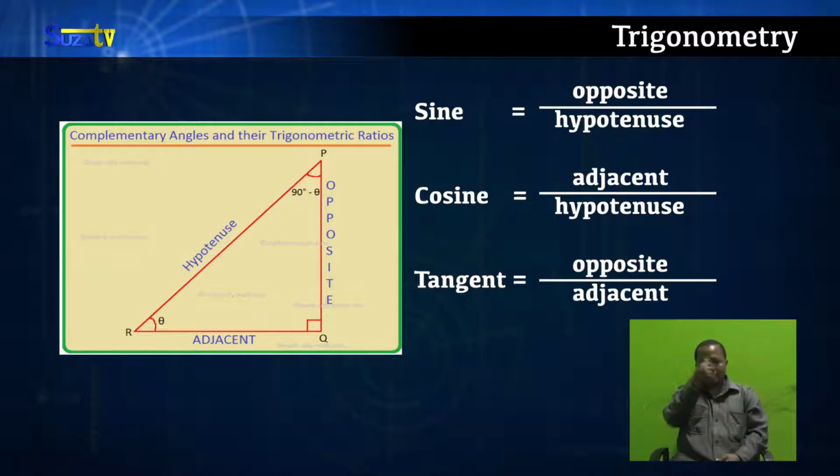And tangent is equal to opposite over adjacent. So, these are the three basic trigonometrical ratios, and this is how they are defined. You are very great. Thank you.